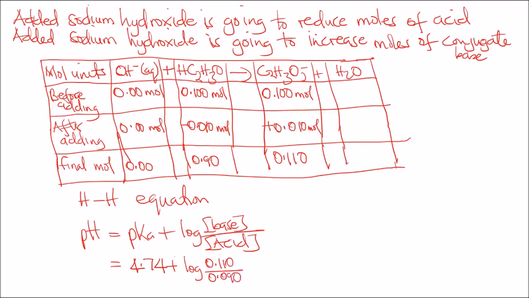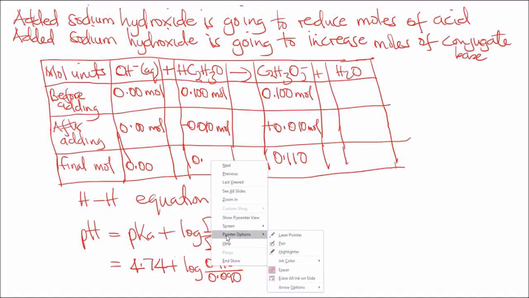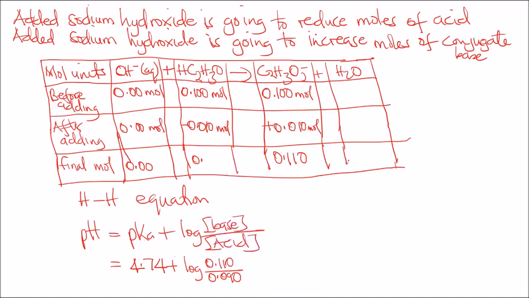0.090. Actually, this should not be 90. 0.100 mole minus 0.010 should be. This was a mistake, so I need to make a correction on this one. Should not be 90, but it should be 0.090. So this makes more sense.